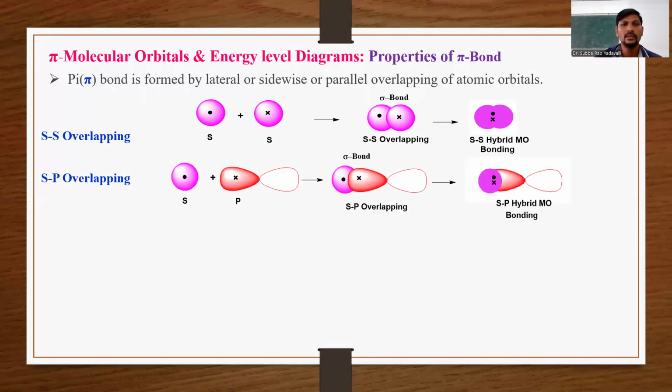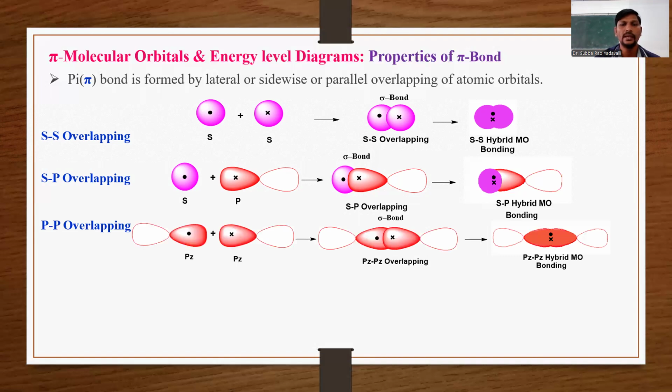And in SP overlapping, one s orbital overlaps with one p orbital of another atom and forms the SP hybrid molecular bonding orbital. And the next one is the PP overlapping. In this PP overlapping, the pz orbital of one atom overlaps with the pz orbital of another atom to form the pz hybrid molecular orbital. This is the formation of a sigma bond.